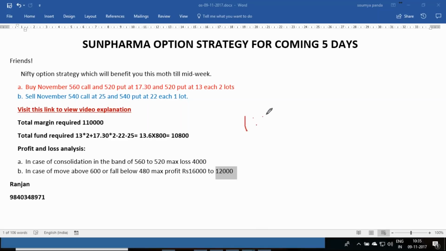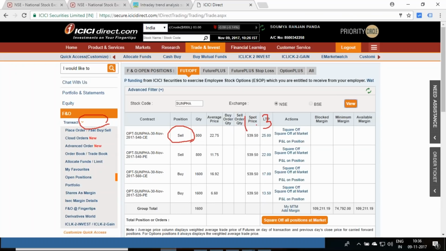So this comes to a risk reward of 1:3. What margin is required for this particular trade? About 1,10,000. You need funds of 10,800 because future contracts lot size has now increased to 800, so by this process your margins and other things will also increase.